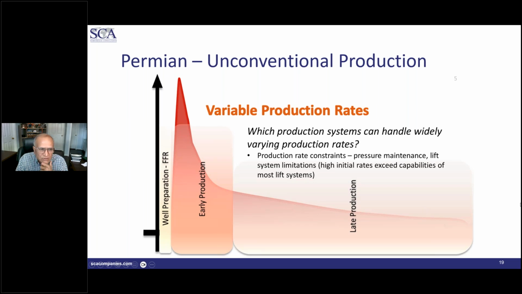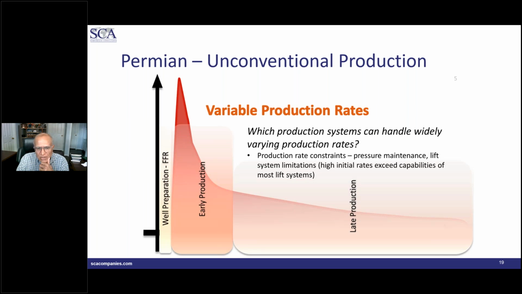Because of this production profile, whenever we are devising any lift method, we have to pay attention to what is called turn down ratio. Can this lift configuration hold not only the higher rate, but also the lower rate, and how long can it hold so that you do not have to change out the equipment sooner?